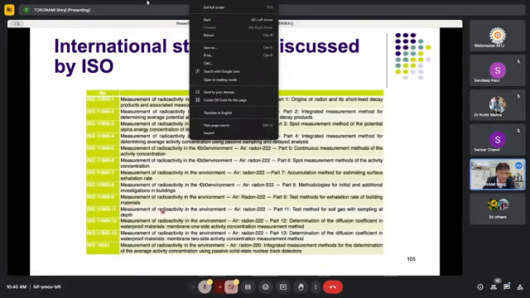Part 11, test method for soil gas with sampling at depths. Part 12, determination of the diffusion coefficient in waterproof materials, membrane one-side activity concentration measurement method. Part 13, determination of the diffusion coefficient in waterproof materials, membrane two-side activity concentration measurement method.